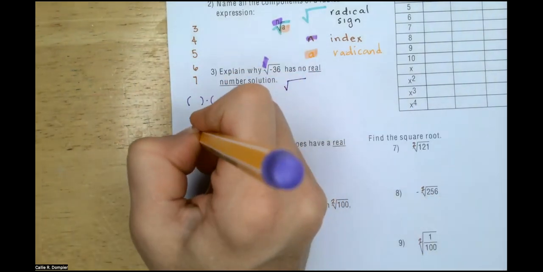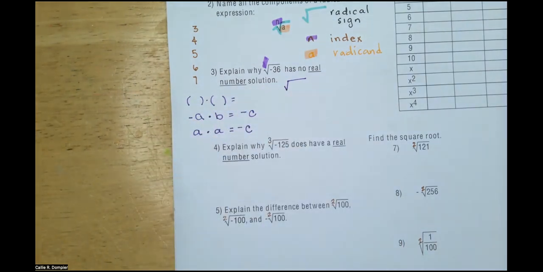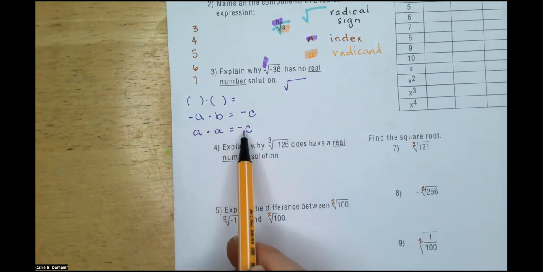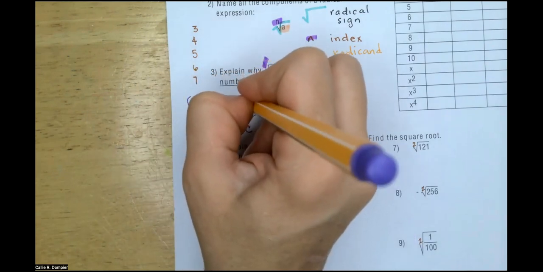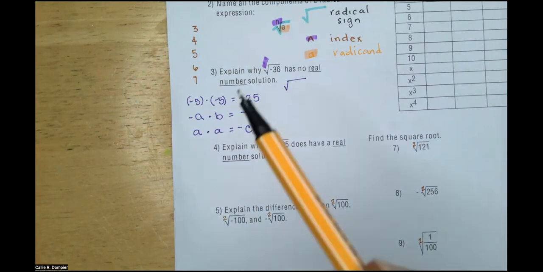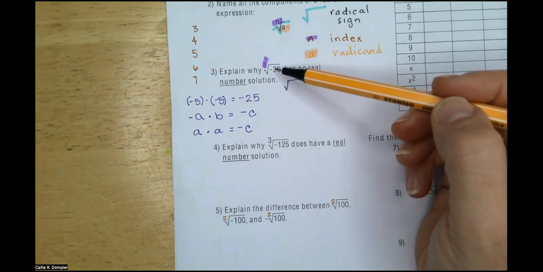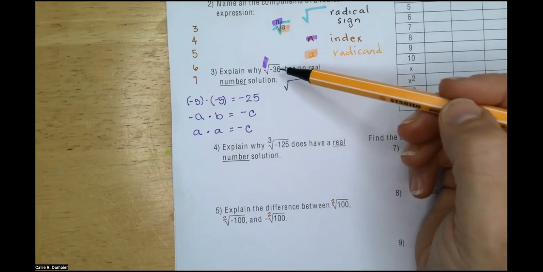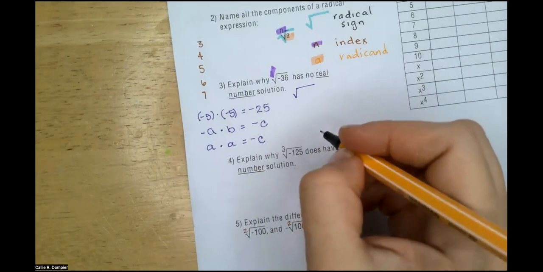But if it's just A times A equals negative C, that is not possible, because 2 positives cannot be multiplied together to make a negative, and 2 negatives cannot be multiplied together to make a negative. So there's no way to get the square root of a negative number without using imaginary numbers. And that's why imaginary numbers were created. So there is no real solution because when you multiply any real number by itself, the result is always positive.